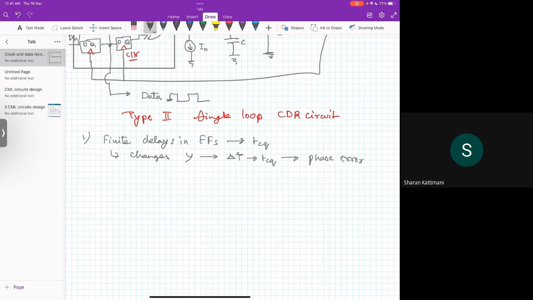This is one problem. So for low frequency it is fine, but at high speed, this delta t can be a large fraction of t clock, and that ultimately degrades the jitter tolerance.